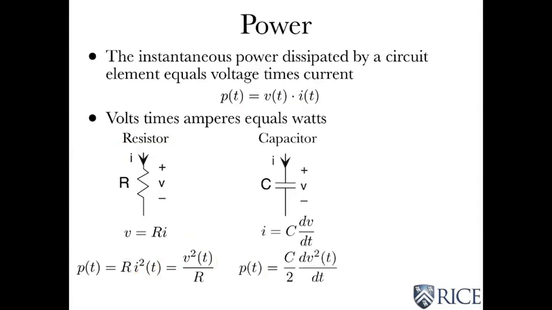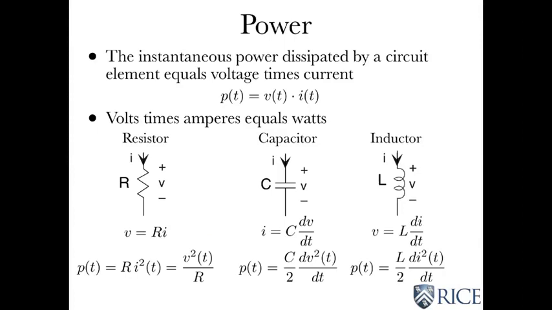If you look at the capacitor and the inductor, things are a bit more interesting. I plugged the derivative relationship in here and did a little manipulation to show you that the power consumed by a capacitor is related to the derivative of the square of the voltage.